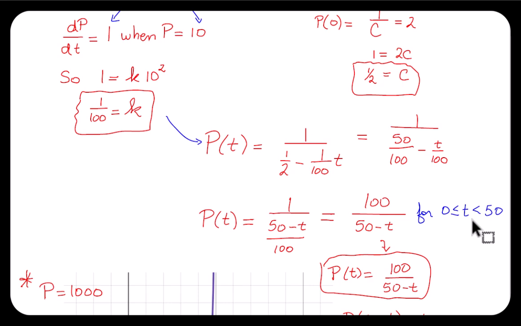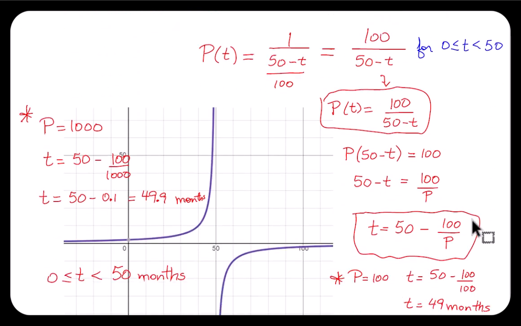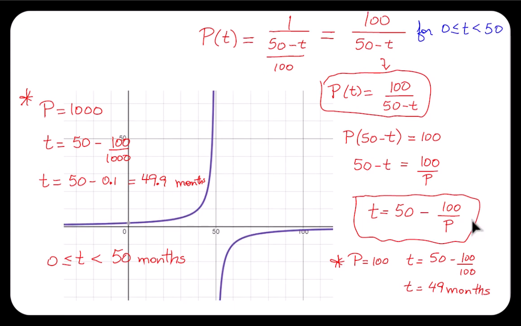And so what they wanted us to determine is, when the population is 100, how long does that take? And when the population is 1,000, how long does it take to reach that number? All right, so rather than do this twice, I went ahead and got a formula.